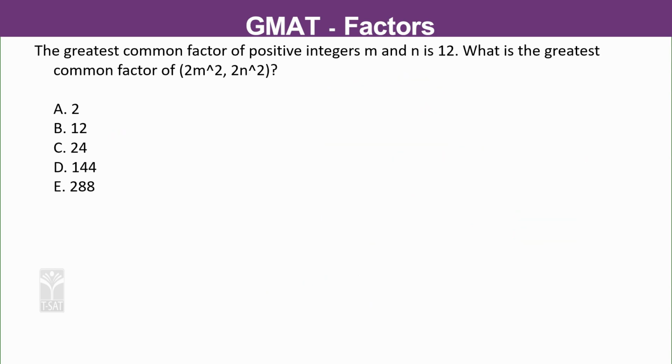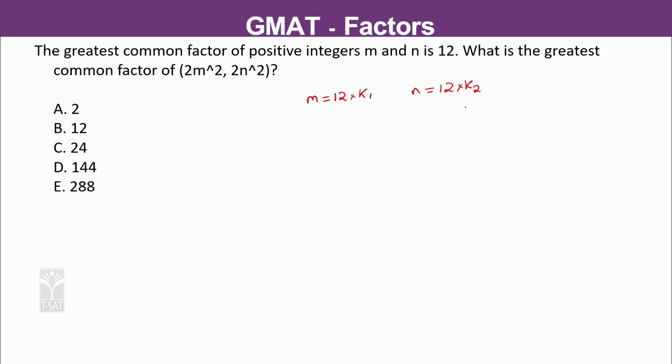The greatest common factor of positive integers m and n is 12. What is the greatest common factor of 2m square and 2n square? Okay, so when 12 is a factor of m, you can say that m is equal to 12 into some constant k1, and 12 is also a common factor of n. So n is also 12 into some constant k2.